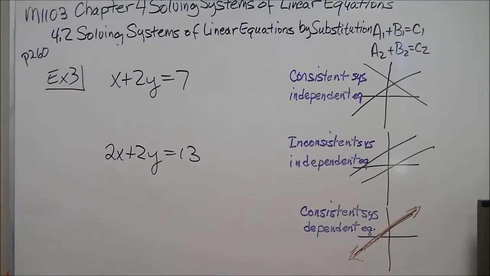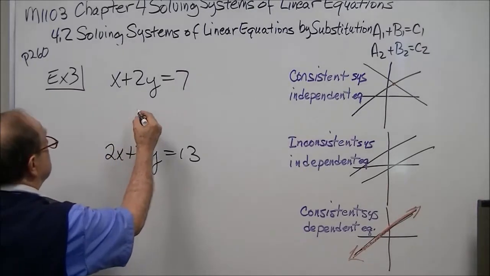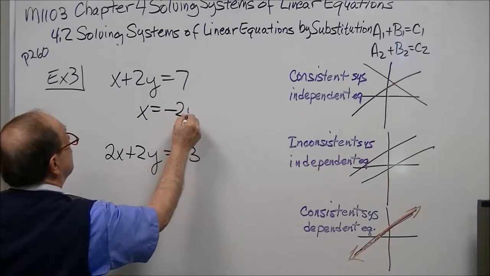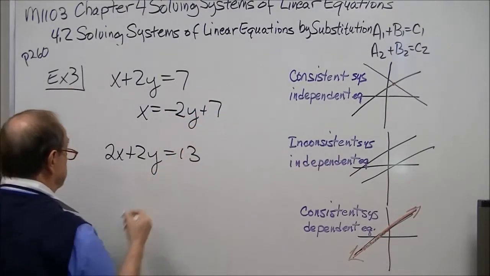In the previous two examples, they had already solved for one of the letters. But here, this is in standard form. What we'd have to do there is solve for x. So x would equal, we transpose that, negative 2y plus 7.